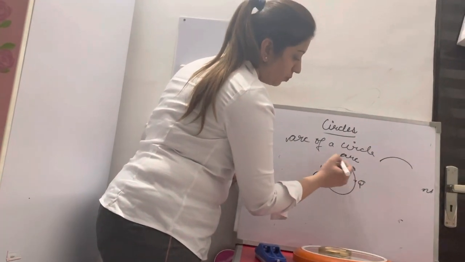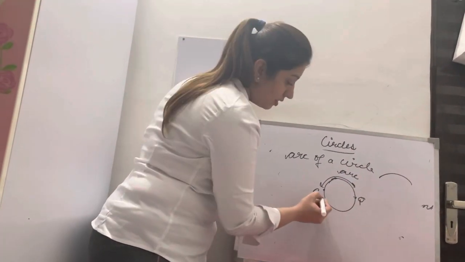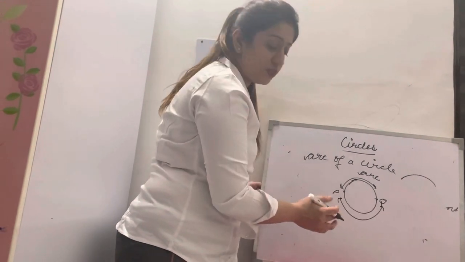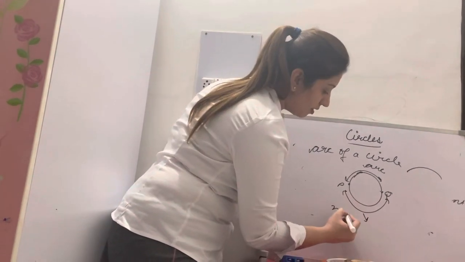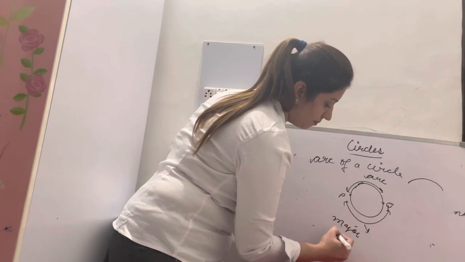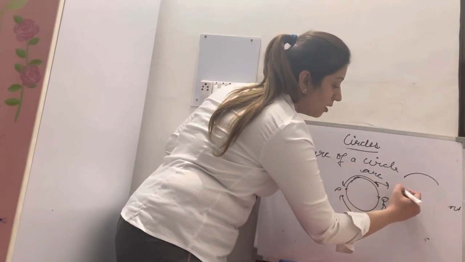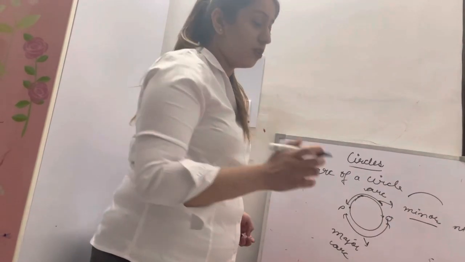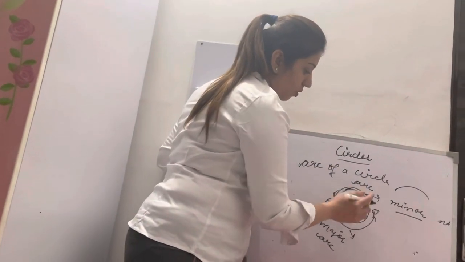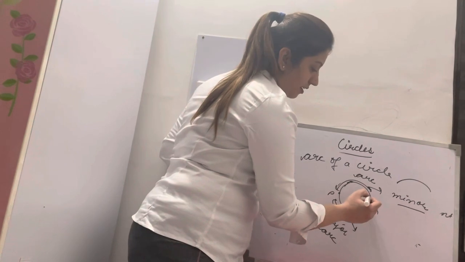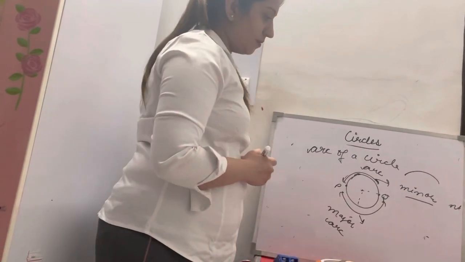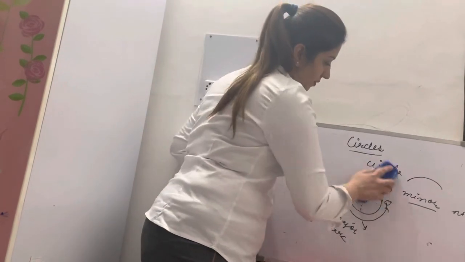This is the portion which forms the smaller arc. This is also an arc of the circle, which covers the larger portion of the circle and is what we call the major arc. This is the minor arc. As the word says, minor means smaller, and it covers the smaller portion. And this is the major arc.